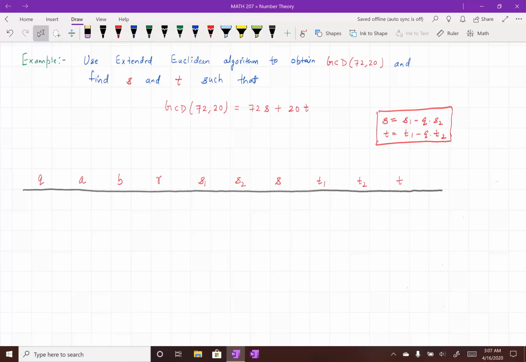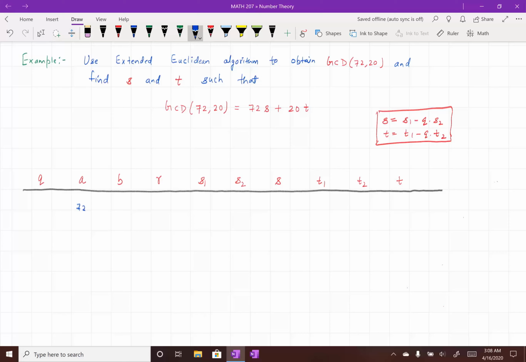So we are applying the extended Euclidean algorithm to obtain the GCD of 72 and 20. In the first step, you fix the value of A, and A is the largest integer here. Out of 72 and 20, 72 is the larger value, so the value of A is 72.